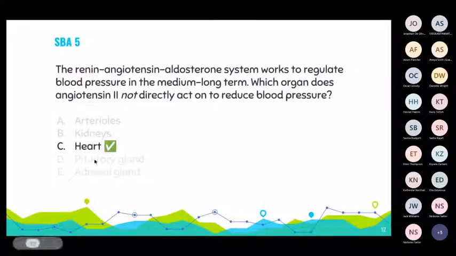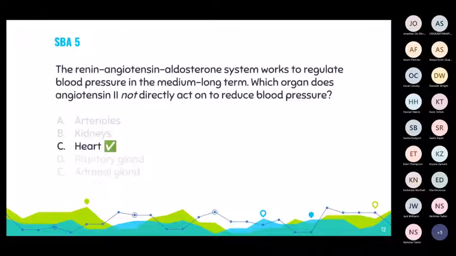Angiotensin 2 also acts on the pituitary gland. It makes your pituitary gland release ADH, your antidiuretic hormone, which causes you to retain more water through a different mechanism in the collecting ducts of the kidneys, and also makes you more thirsty. So you're going to retain more water.